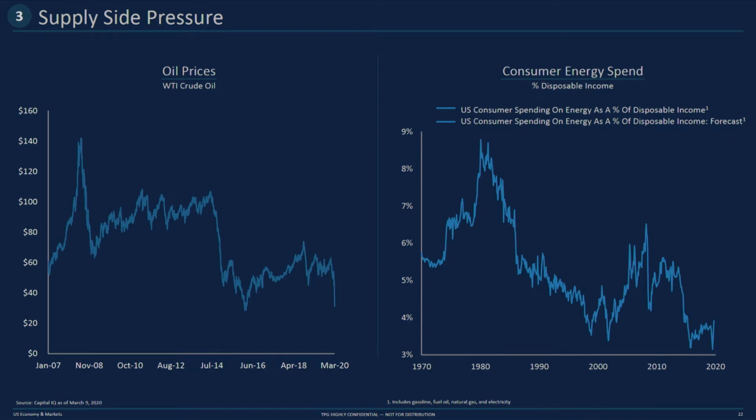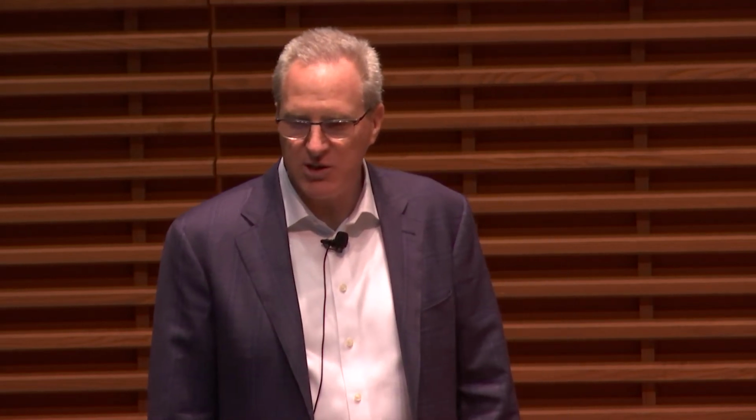And of course, over the weekend, we saw OPEC actually increase their supply of oil in a battle with Russia and perhaps the United States, trying to see whether they could push Russian oil producers out of business with low oil prices, push U.S. oil producers out of business with low oil prices, because the cost to pull a barrel of oil out of the ground in the Middle East, in Saudi Arabia, is much lower than the cost in the United States or Russia.